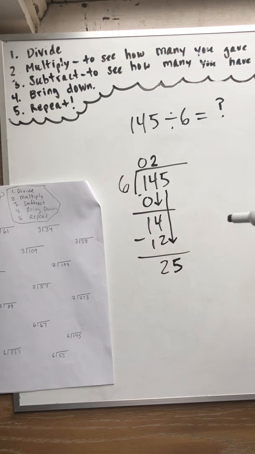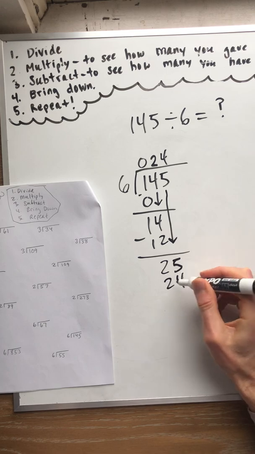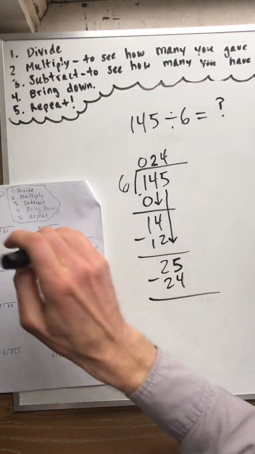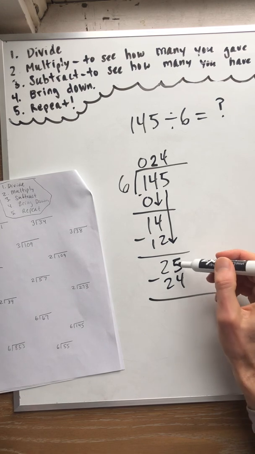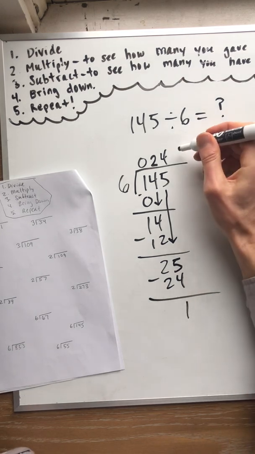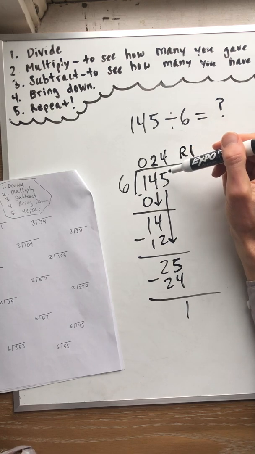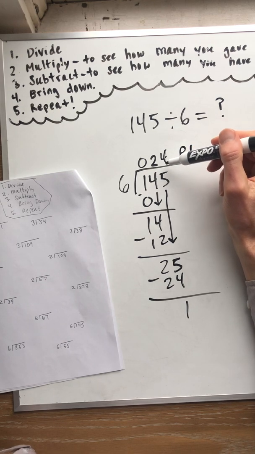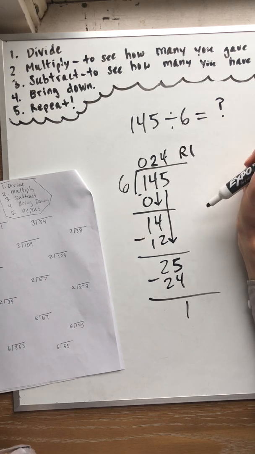So 6 times 4 is 24, and now I've got a remainder. I told you there'd be remainders, right? You can expect there to be remainders on all of these problems. 25 minus 24 is 1, so there's 1 left over. So each person got 24 Pokemon cards, or 2 packs of 10 and 4 individual cards.